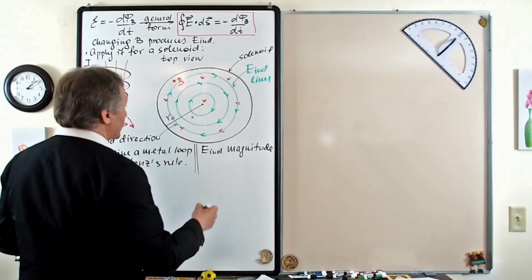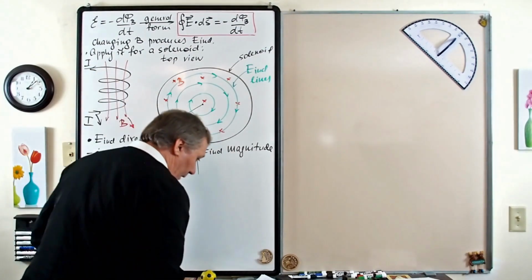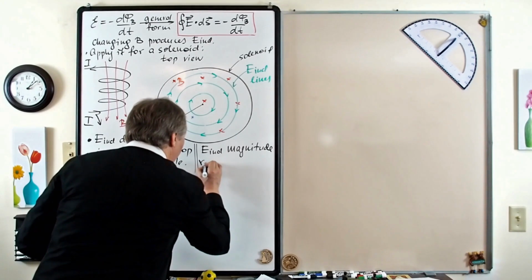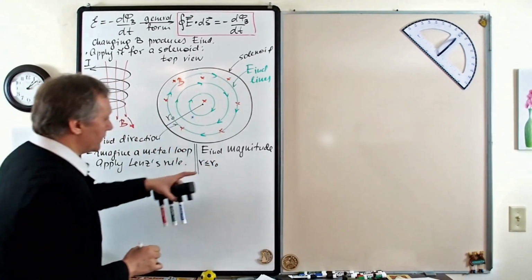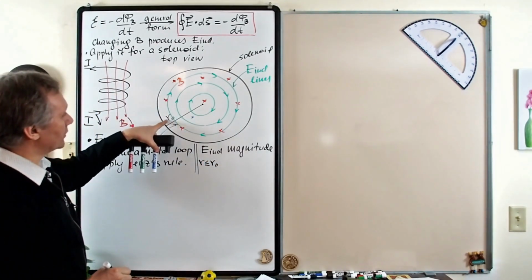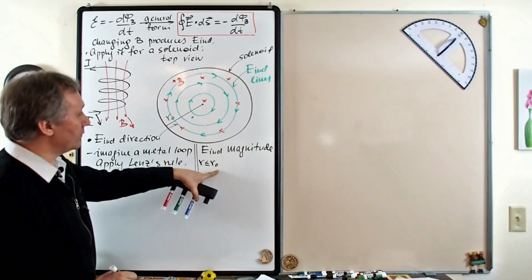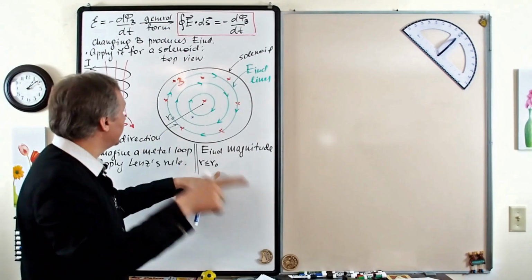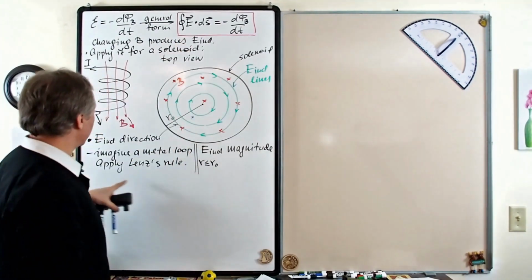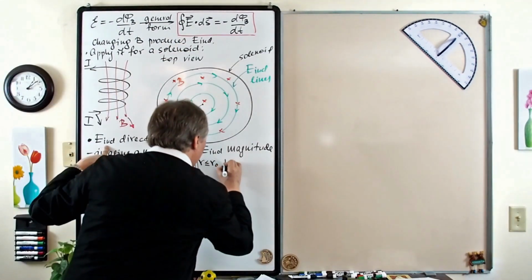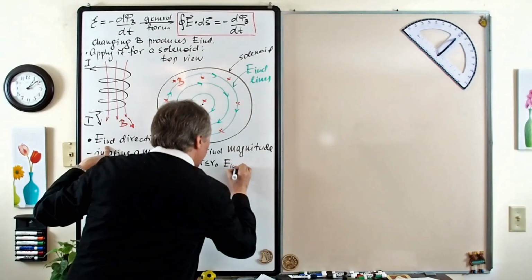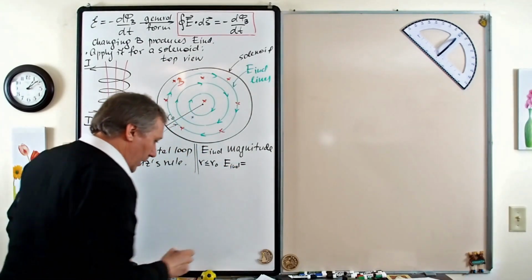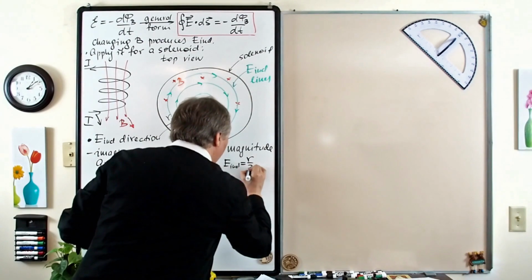So we discussed and we found that if we are inside of the solenoid, where the radius of the solenoid is R0, then the expression for the induced electric field is E induced equals R over 2.